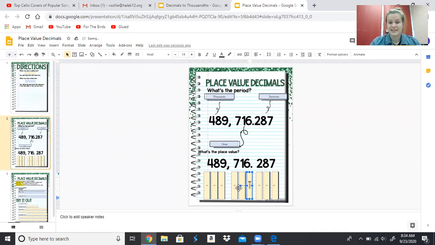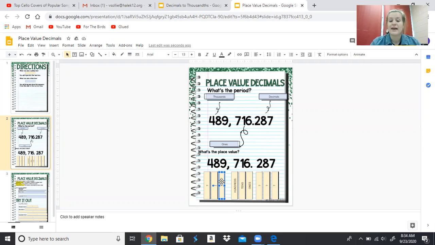The ones place. What about that 1? What place is our 1 in? That's right, it's in the tens place. What about that 7? What place is our 7 in? The hundreds place.